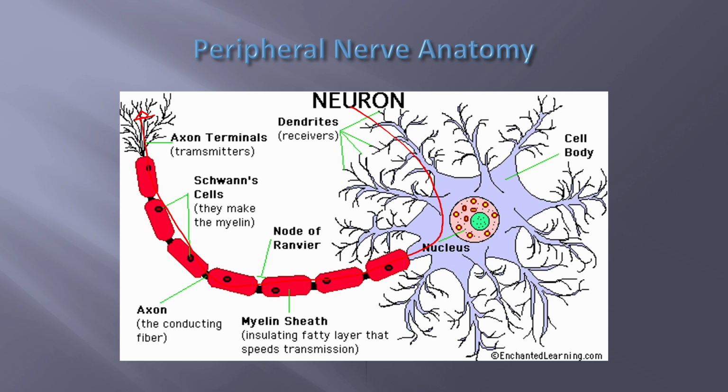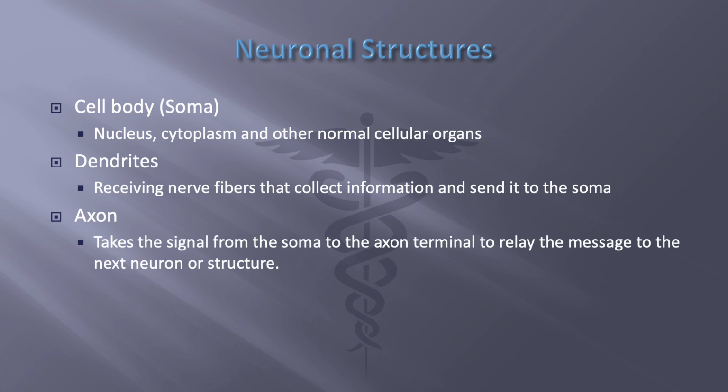But knowing what each little structure in here is definitely important. I feel like at this point you guys probably have a pretty solid grasp on what that is. So just breaking it down a little bit more into your different parts. So your cell body, your soma, your dendrites, and your axon.